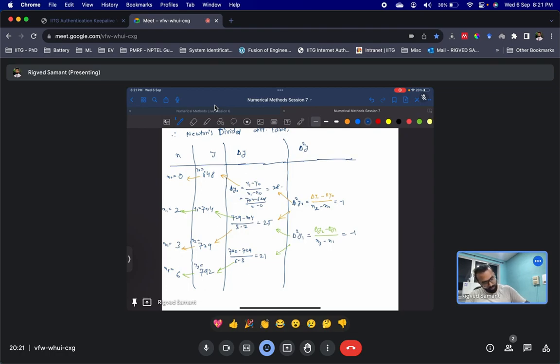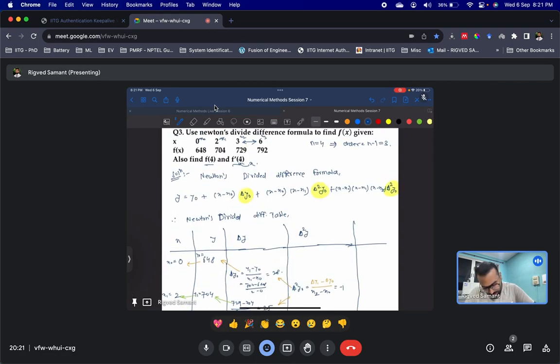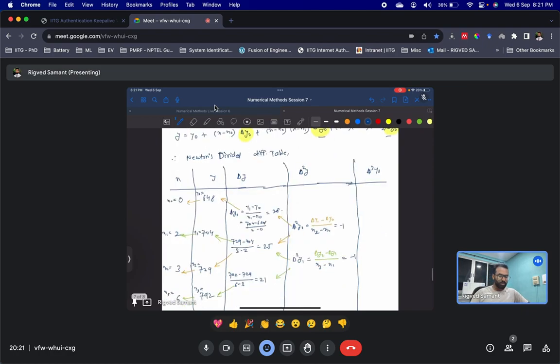Okay, so the final one, we also need a delta square, and this would be delta cube. Delta cube y naught. Delta square was here, so delta cube y naught divided difference.